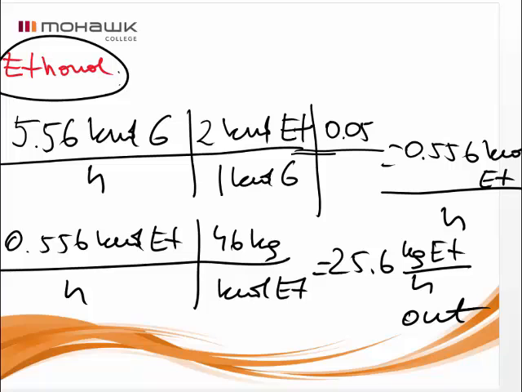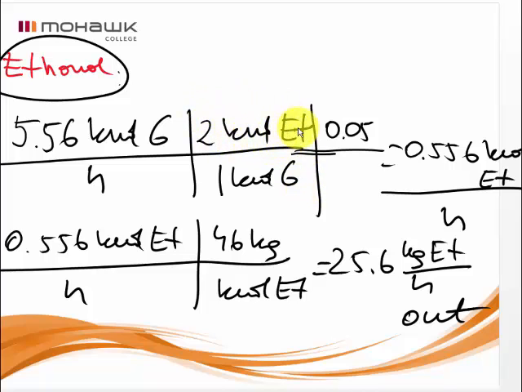The next chemical species inside the fermenter is the ethanol, and this is the undesired product coming out of the process. We have 5.56 kilogram-moles of the glucose per hour being consumed inside the fermenter, and from the balanced chemical reaction we know that per 1 kilogram-mole of glucose consumed in the process, we will produce 2 kilogram-moles of the ethanol.